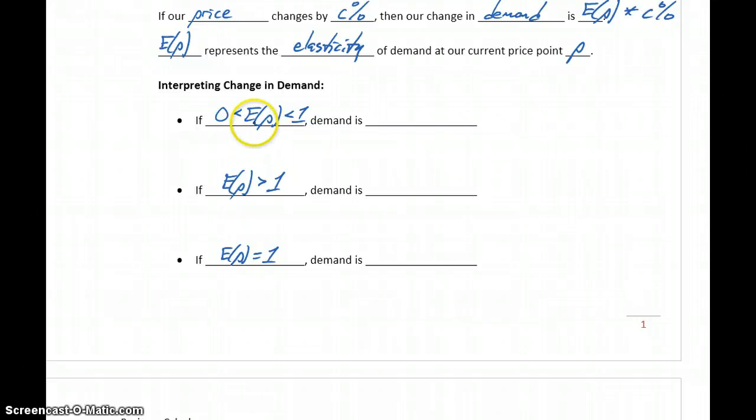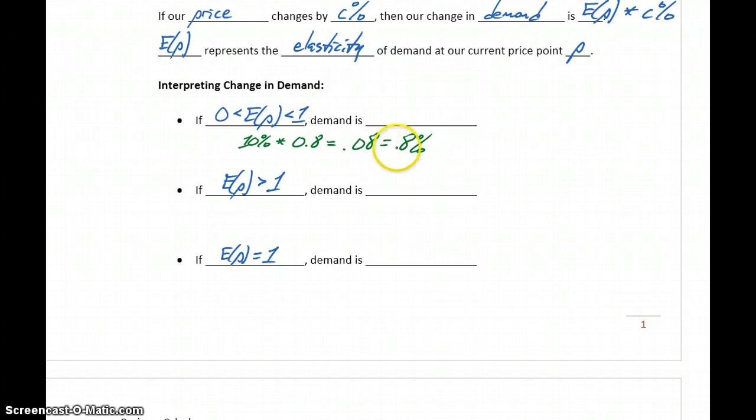So if E of P, that elasticity, is between 0 and 1, say we have a 10% change in price, a 10% increase, times some value for elasticity. Let's say 0.8, that's a value between 0 and 1. That means we would get, as a result, 0.08 or 8%. So what we're saying is that if we increase price by 10%, demand will decrease by 8%.